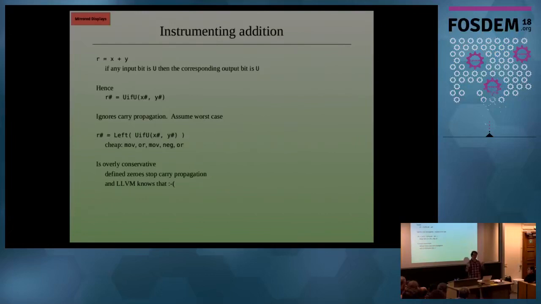And this causes false errors, because LLVM knows that there's some strategically placed zero bits in one of the arguments which will stop the carries propagating upwards, even in the presence of undefined values. I'm not exactly sure of the details. So that's a bummer, and we need to do something more expensive sometimes. So it's like, thanks, LLVM. I enjoy the improved performance of the code, but I don't like having to deal with these problems.